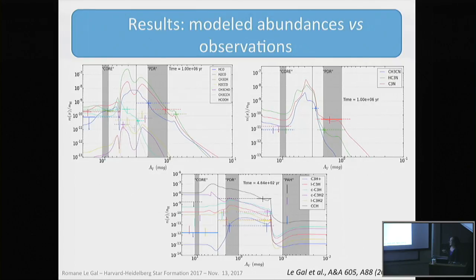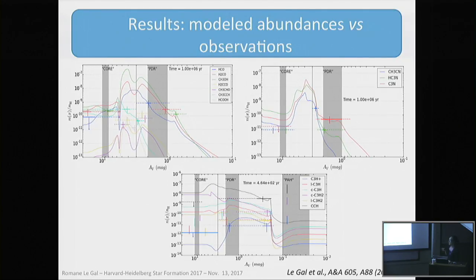This might highlight that we still need to constrain the chemistry of the small hydrocarbons, especially in very high UV illuminated regions, where maybe other processes could occur. In our model, we are considering what we call bottom-up chemistry.